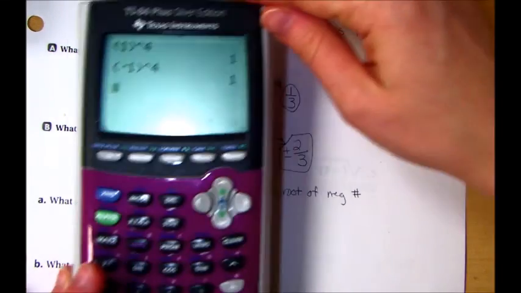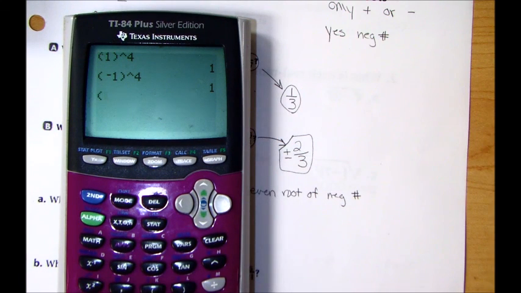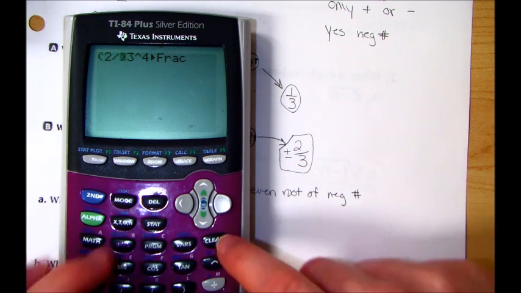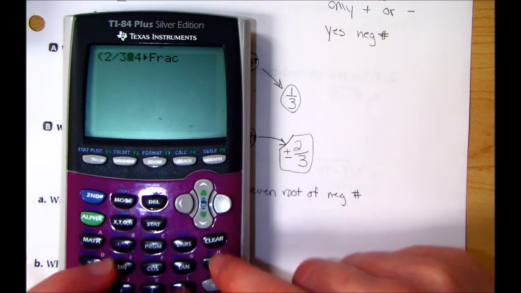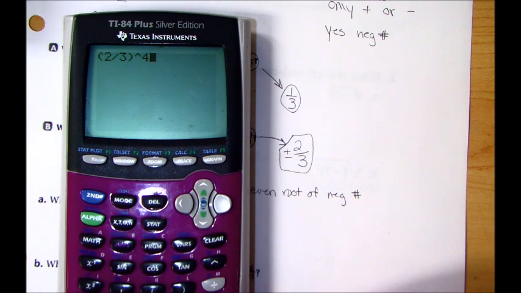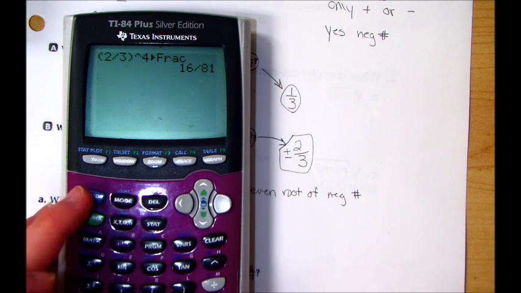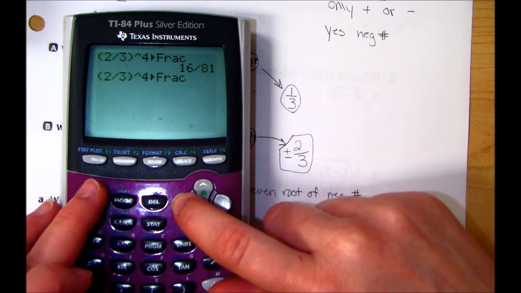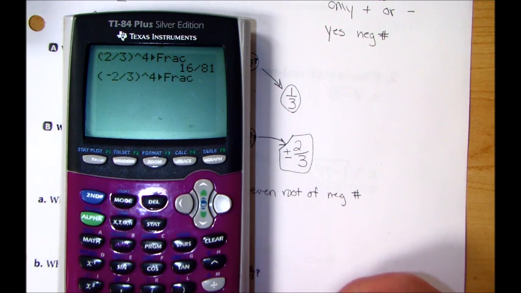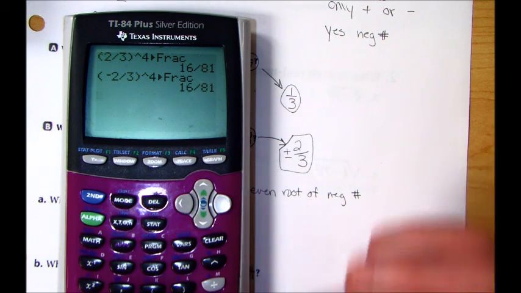And if you'd like me to prove it on the calculator, it would be positive 2/3 to the fourth power. There we go. Gives me 16/81, and let me cheat, negative 2/3 will give me positive 16/81.